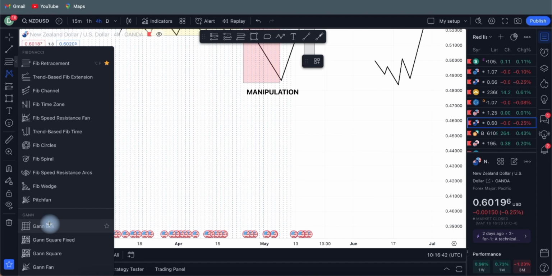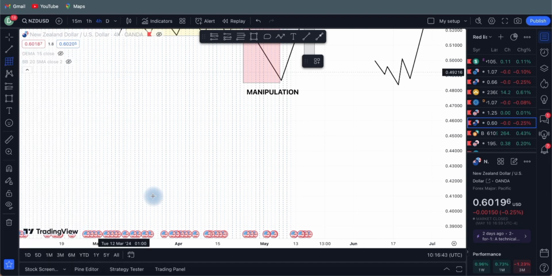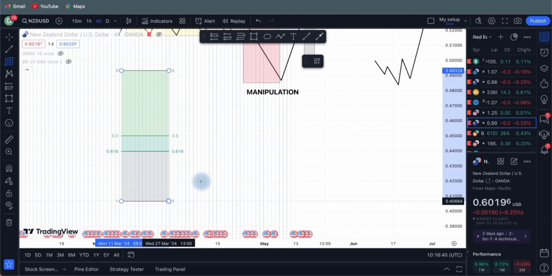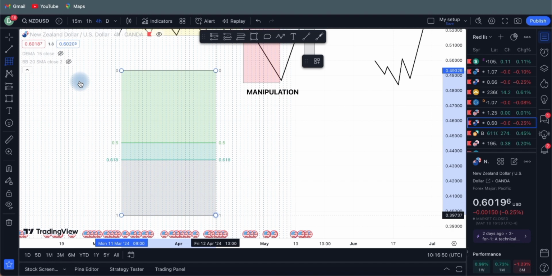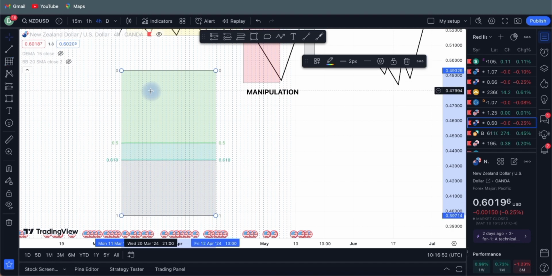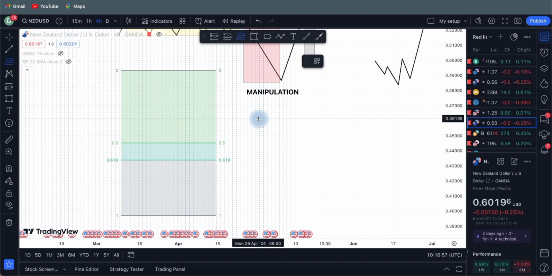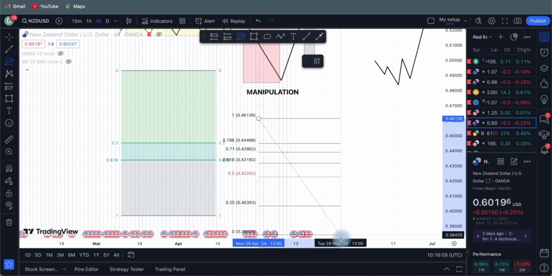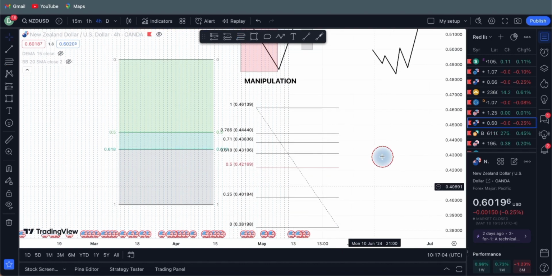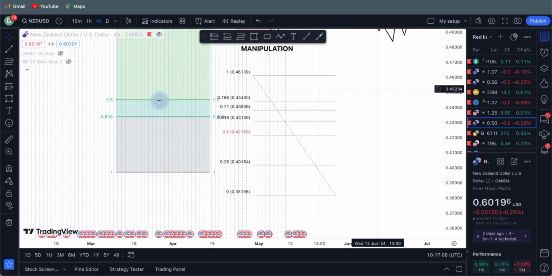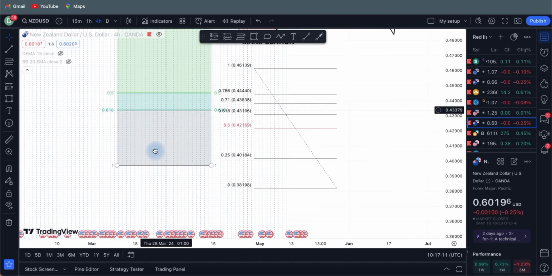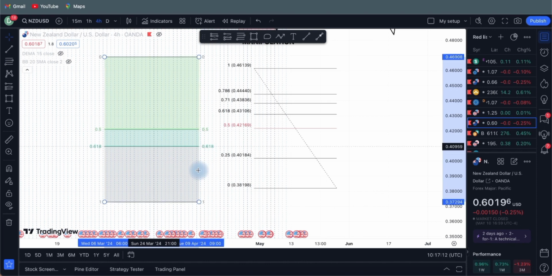We are going to be using our Gann box for the identification of our PD arrays, but you can as well use your fib tool. Either way, it really depends on how good you are at identifying them. It all boils down to the numbers, and the numbers are quite identical.